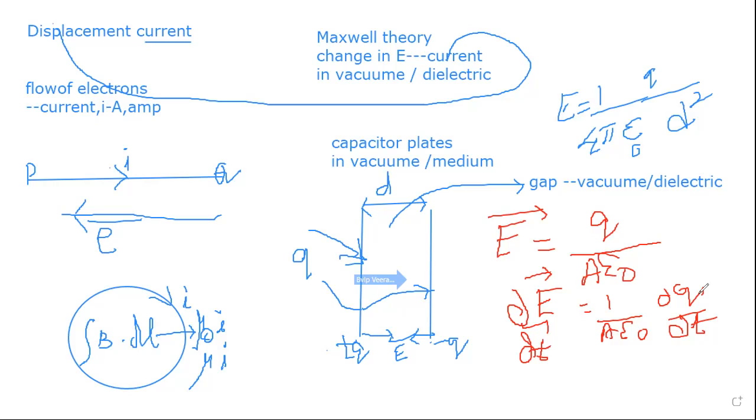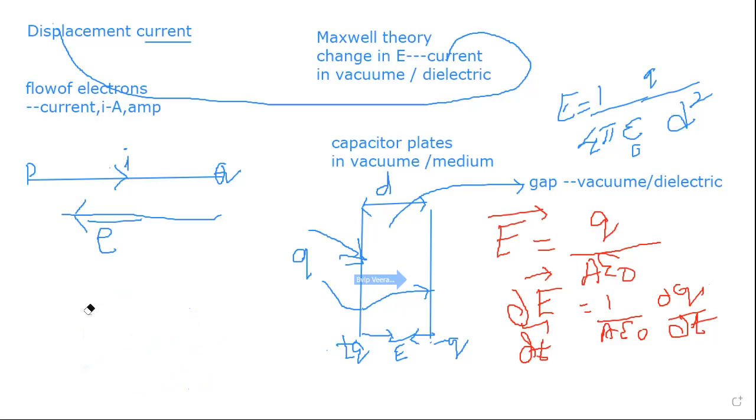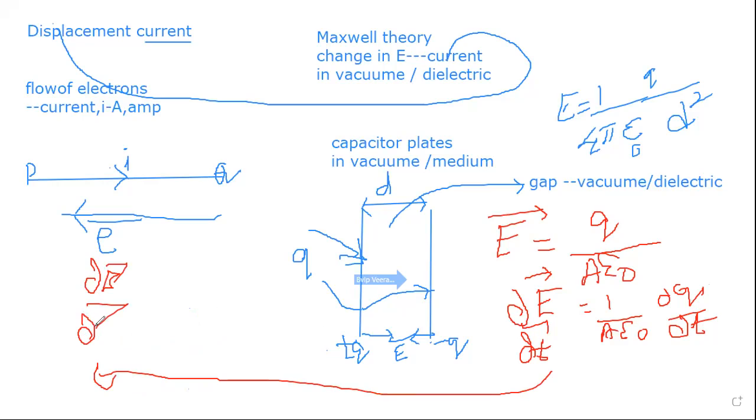The change in charge per unit time is current. I will note this down here. So dou E by dou t equals 1 by A epsilon naught into I. This is the current produced due to the change in electric field.